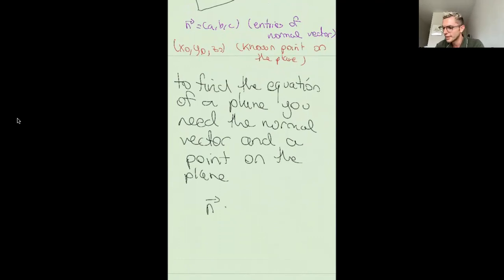So like I was saying, we know that n is perpendicular to PQ, but n is ABC and PQ is x minus x naught, y minus y naught, z minus z naught equals 0.